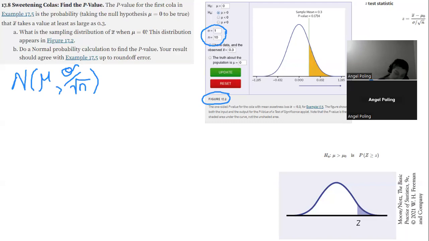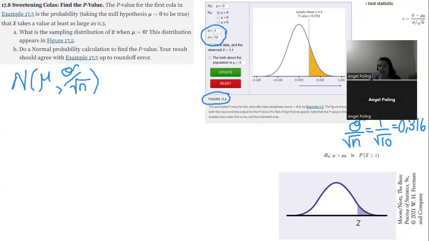We need the value sigma divided by root n, which is 1 over root 10. 1 over root 10 is 0.316.